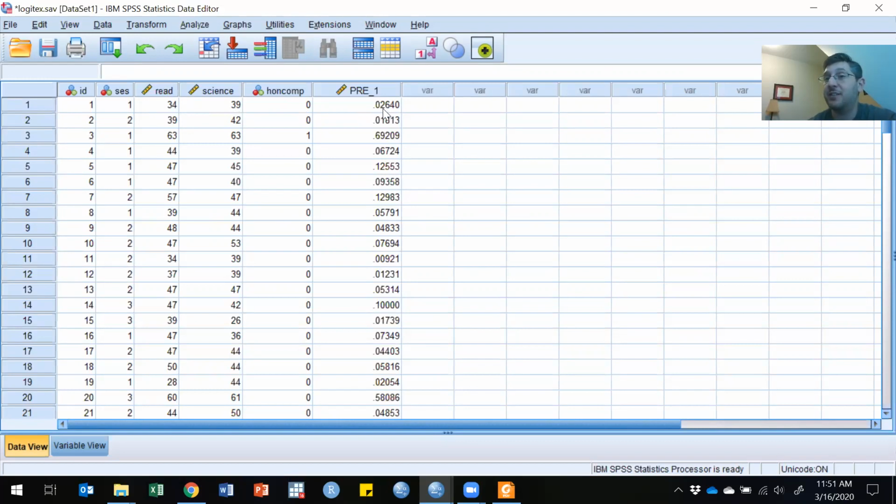There's only maybe a 3% chance they were in honors comp, so our model would predict that they're not. Anybody whose predicted probability is greater than 0.5 is going to say yes, they're in honors comp. So like this person, we would say yes, they're in honors composition. This one they're not because it's less than 0.5.